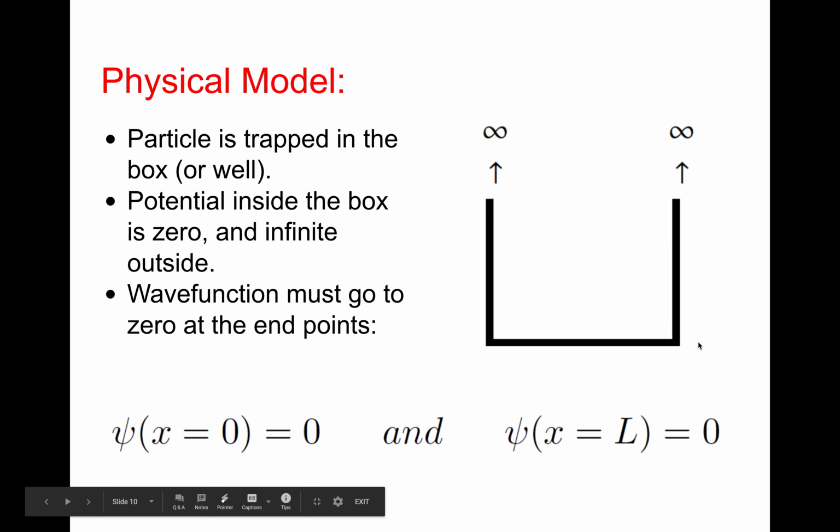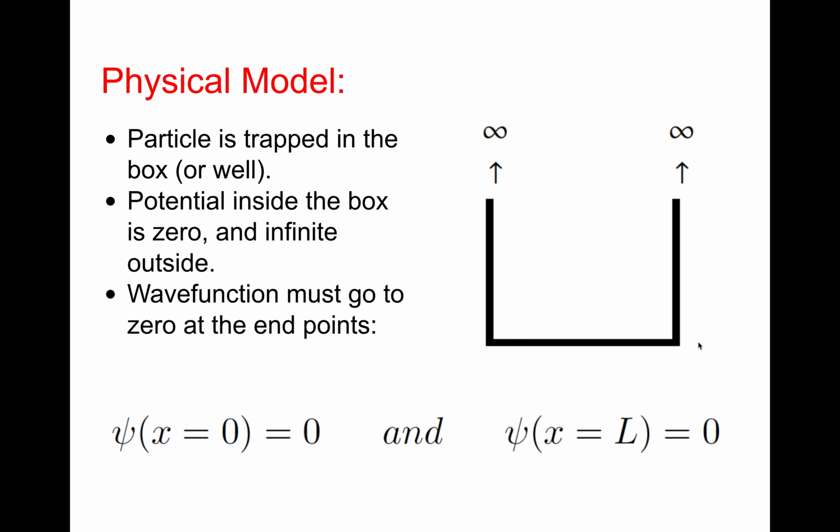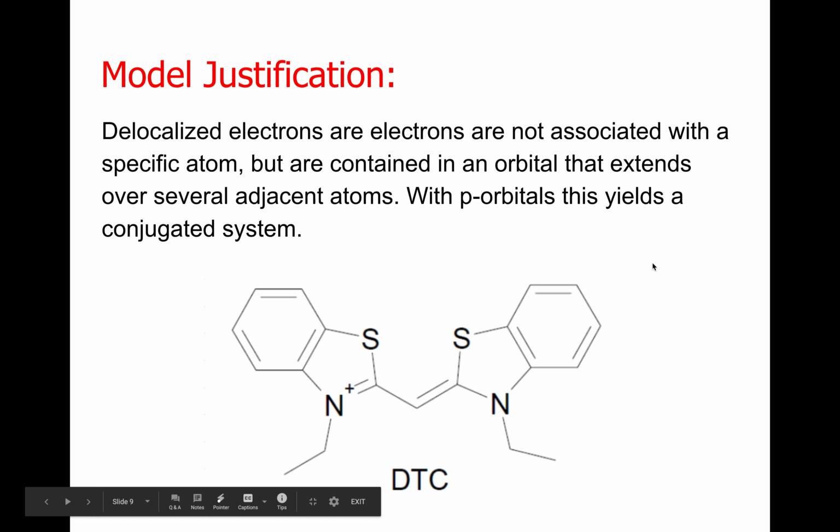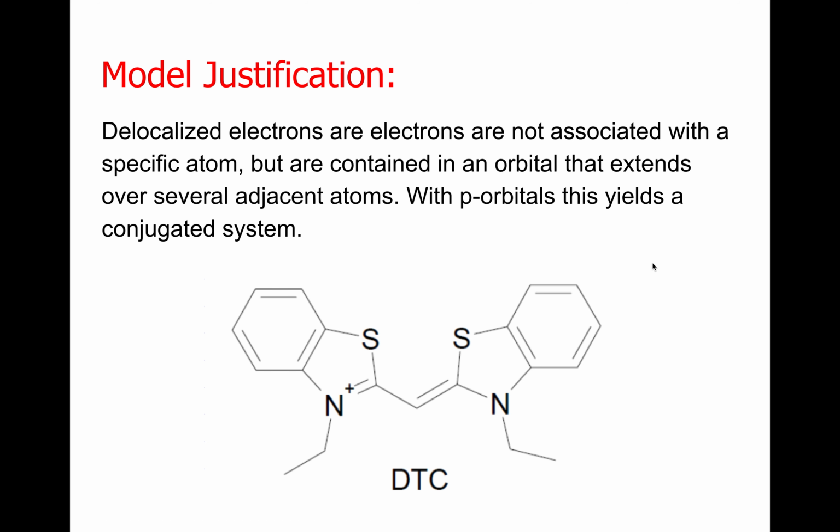Now, that introduces our first flaw in using this model to approximate our system. Let's go back a slide. We have this delocalization of some electron density. In the slide we just saw, I said that at this point and this point, the wave function goes to 0.